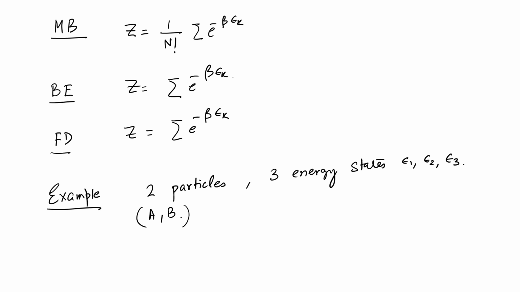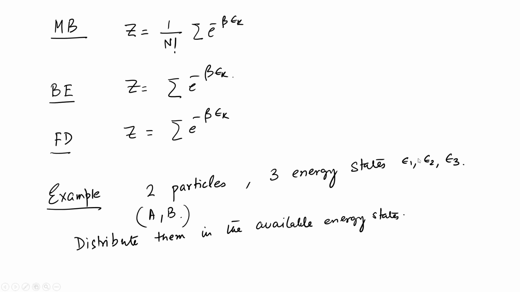Now, the question is to distribute the 2 particles in the available 3 energy states. All right. So, this is the question that we have to deal with, and it is fairly simple.